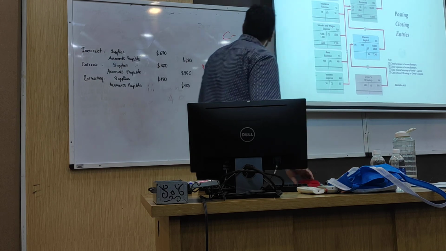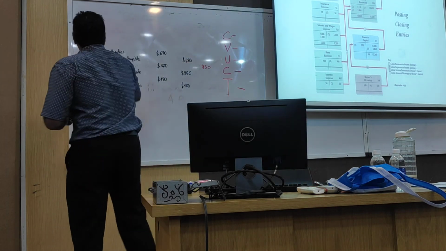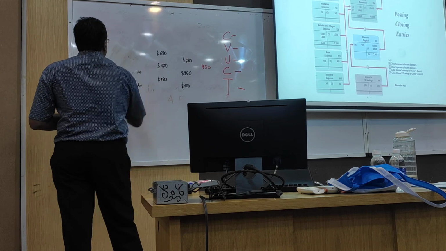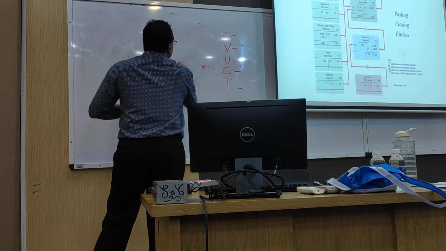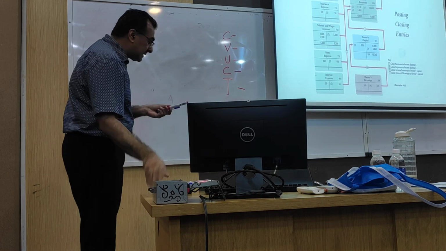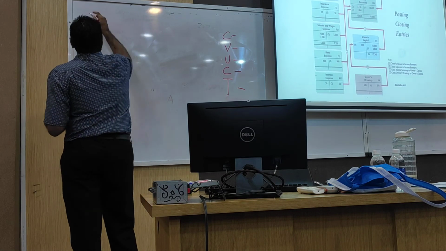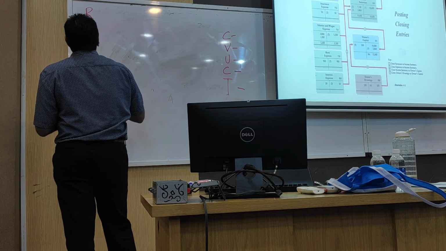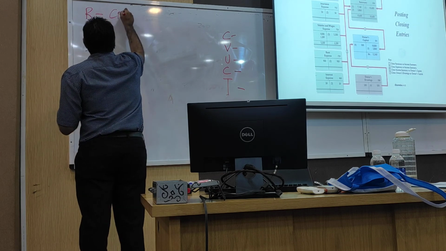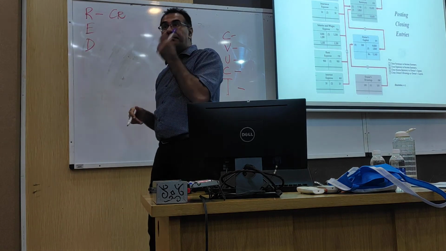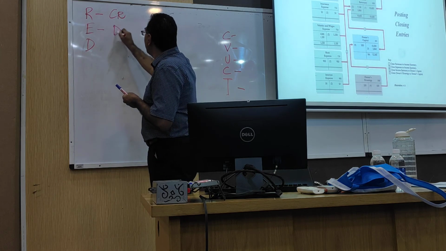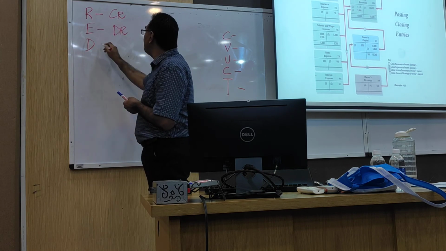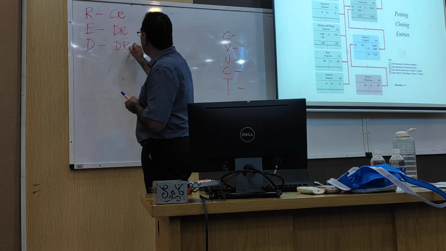Alright, so I'm going to show you on this how to understand this. You know, or you should know from the last chapter, we have RED accounts. Your revenue is always having a credit balance. Your expense is always having a debit balance, and your drawing is also having a debit.